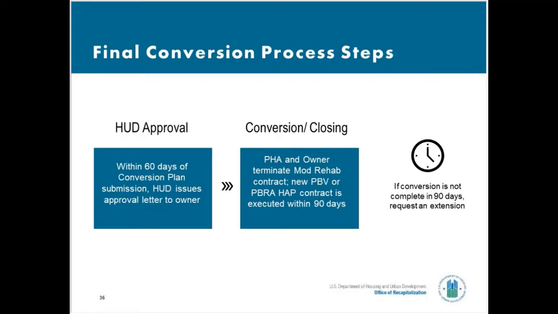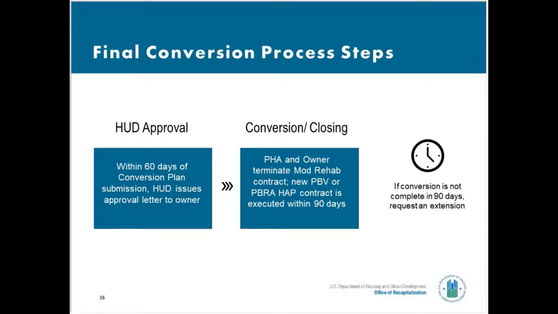So all of the administrative functions, such as terminating the Mod Rehab contract and getting the vouchers in place, you'll be, again, given 90 days to complete, working with the PHA if you're doing PBV, or working with the account executive if you're doing PBRA.